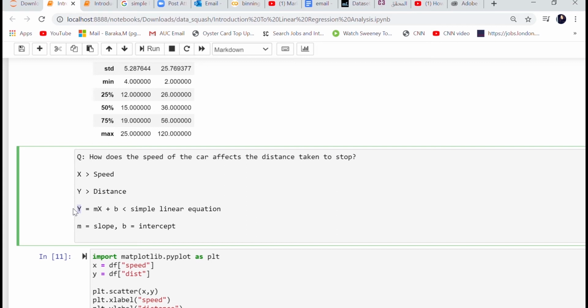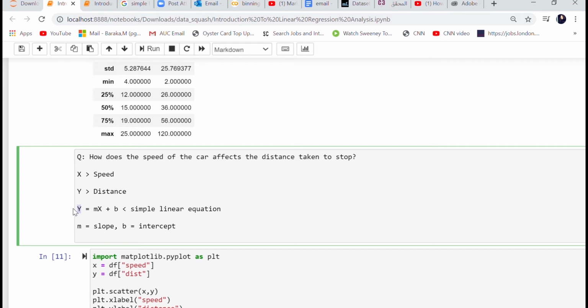So the first thing to do whenever you have a regression problem is to plot the data. As one of my professors always taught me, the first thing you have to do if you have any data is to just plot the data, because plotting the data is going to tell you so much about it before even getting started.